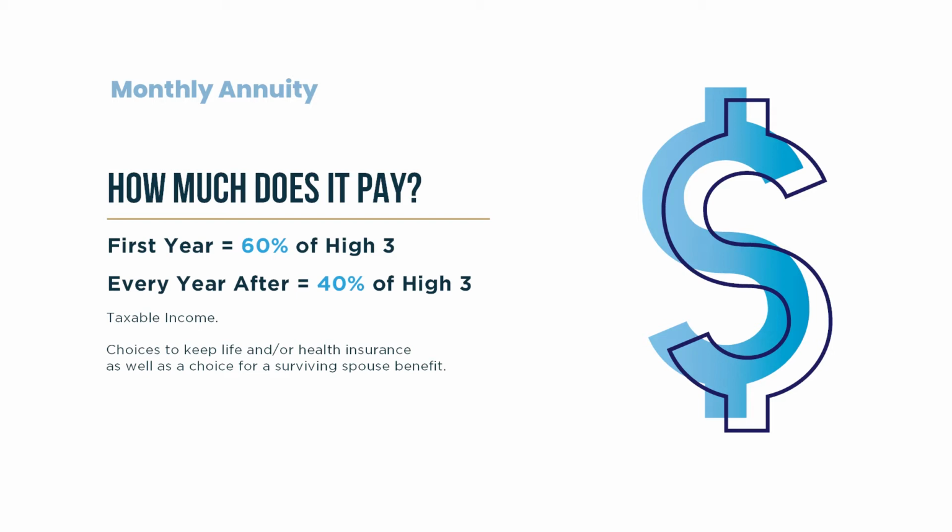It is usually the most recent 36 consecutive months that you were employed, but not necessarily always. And if they're unsure about those numbers, where could they find that information? The easiest way to find out what your high 3 average is to contact your human resources office, and they can generate a benefits estimate for you that will have that number on there specifically.